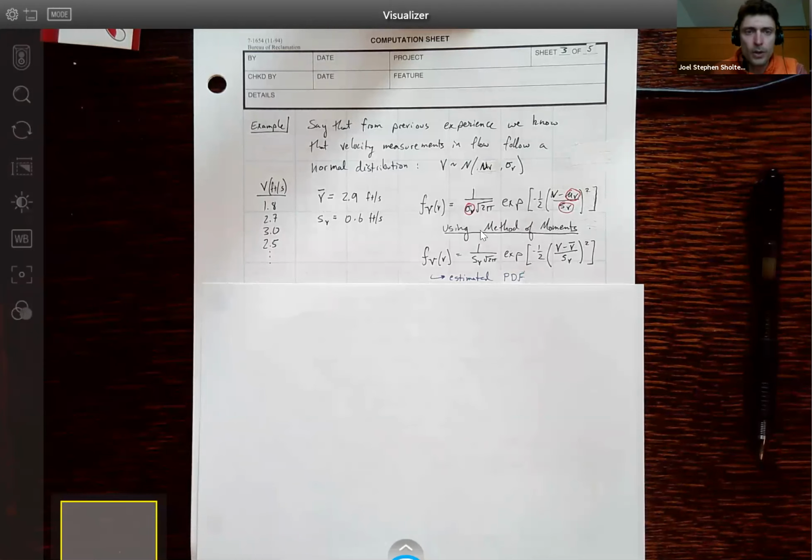So very straightforward. We just plug those values in, and now we have a PDF that is fitted to the data. That's method of moments. It's very straightforward for the normal distribution because the mean and standard deviation directly plug into the normal distribution as parameters.